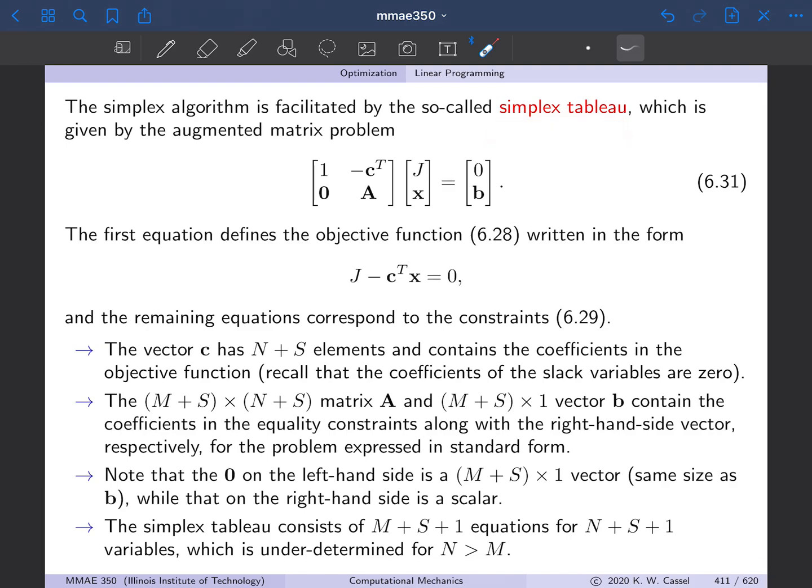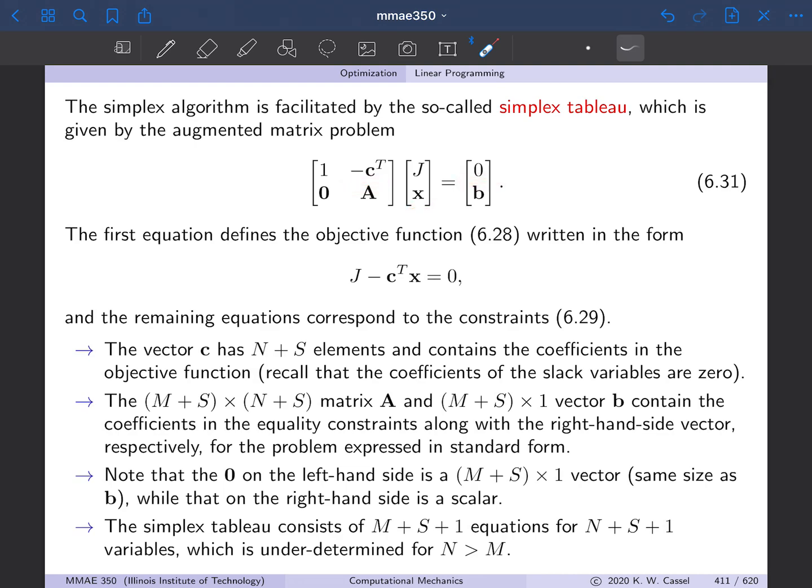Tableau is just a fancy French sounding word for table, and it's an augmented matrix. So you'll notice here we have A times x is equal to b. So those are clearly the equality constraints. And then we also have 1 times J minus c transpose times x is equal to 0.